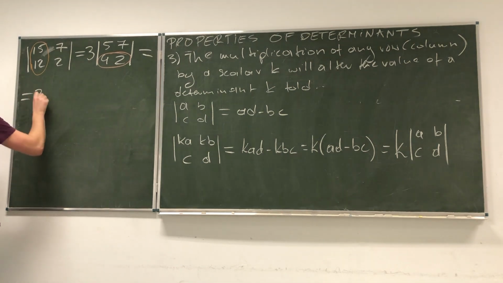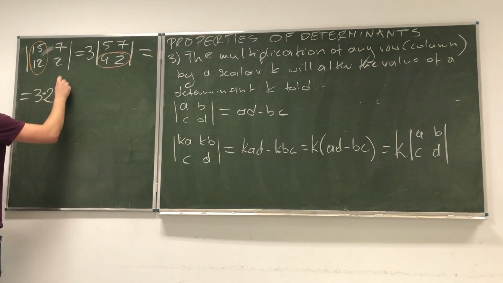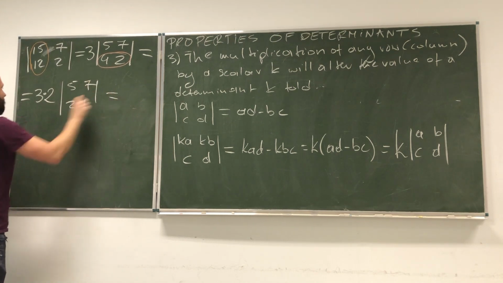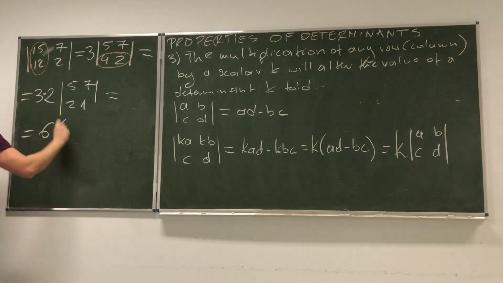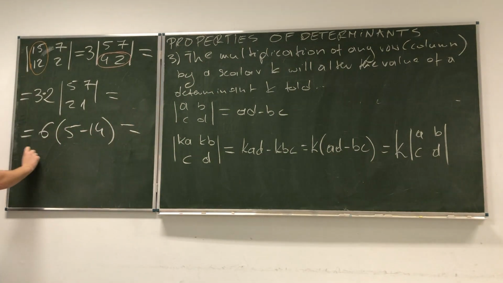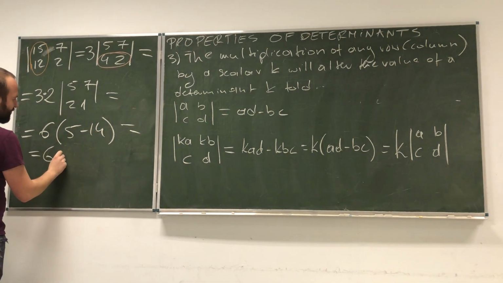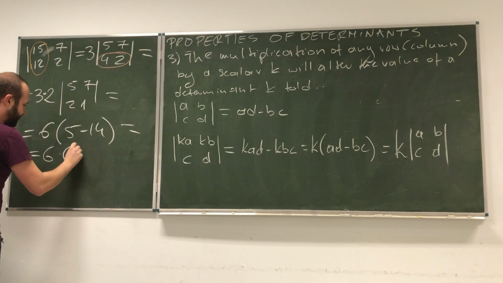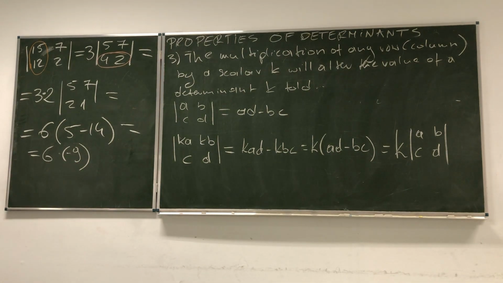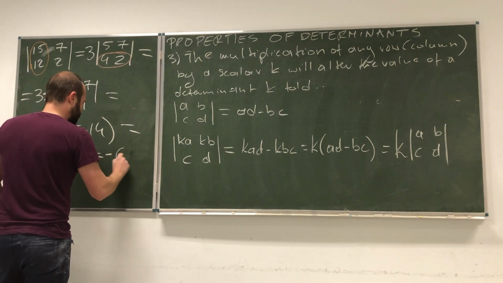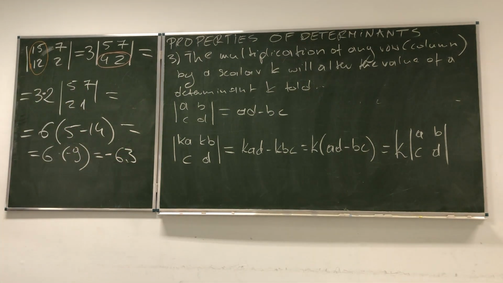So I will have 3 times 2 times 5, 7, 2, 1. Which gives us 6 times 5 minus 14. So this is 6 times negative 9, which is equal to negative 54.